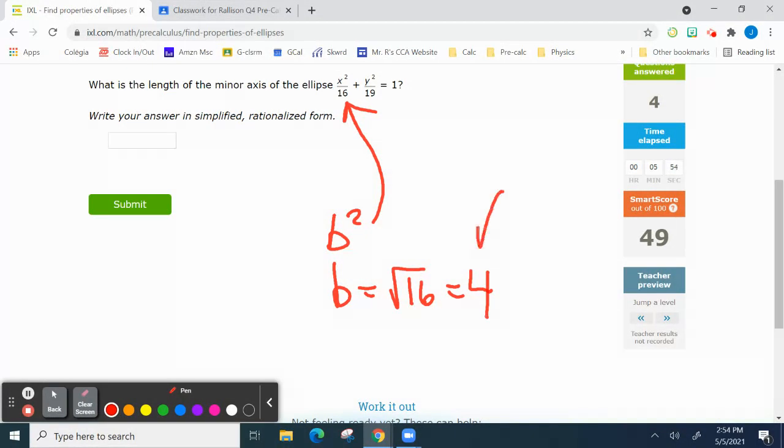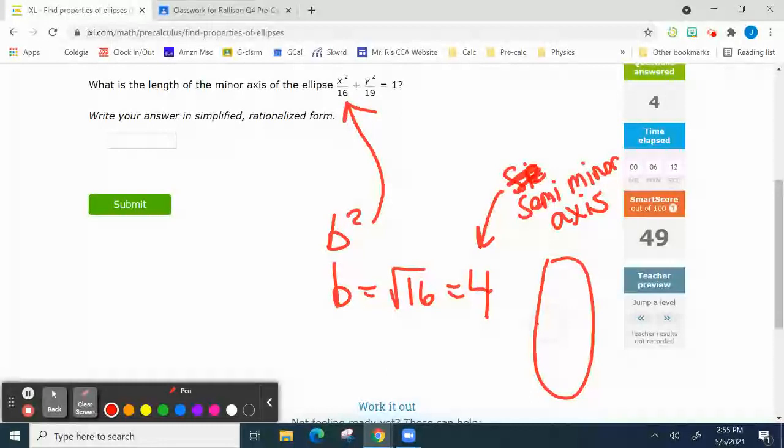This is what we call the semi-minor axis because it's half the length, right? If you have this ellipse and there's your minor axis like that, this number there is 4. So the total length of the minor axis is 8.